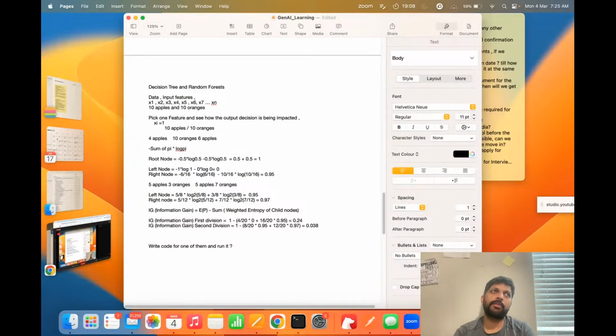I found a few optimizations, but they're not that great. I'll tell you a few that I've seen. One optimization: instead of picking up each value, they take a mean of adjacent values. Like if there is 4, 10, 20, then 4 plus 10 by 2 is 7, so they go with 7. 10 plus 20 by 2 is 15, so they'll go with 15, like that.